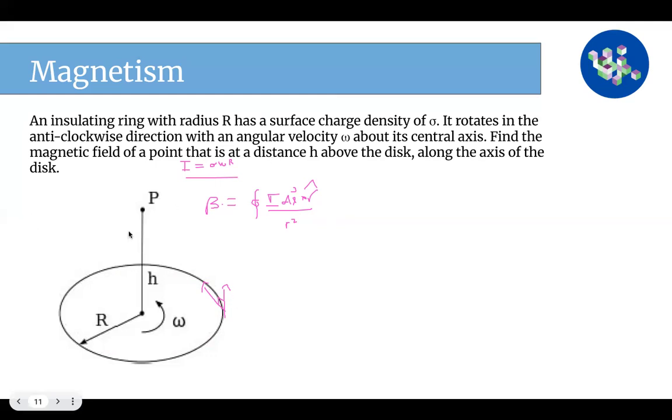If I draw it at the point P, it will look a bit like that for each infinitesimal dl. Once I integrate along the entire loop, you'll notice that the x and y components will cancel. All that is left, the net magnetic field, will be pointing upwards.